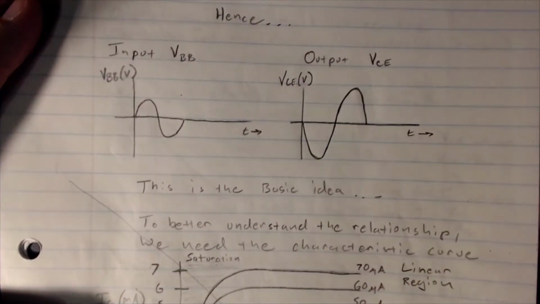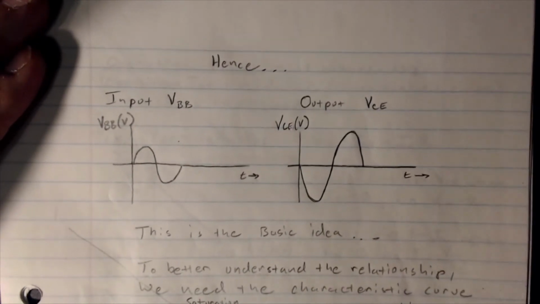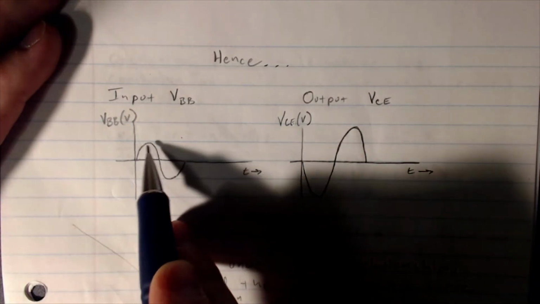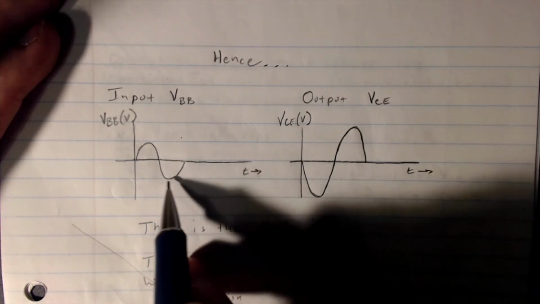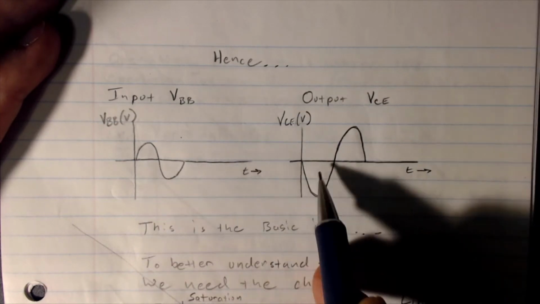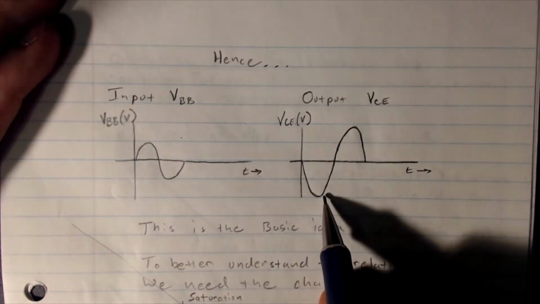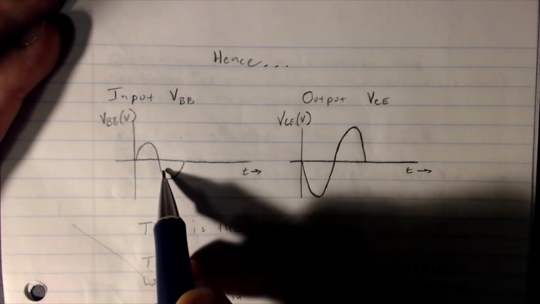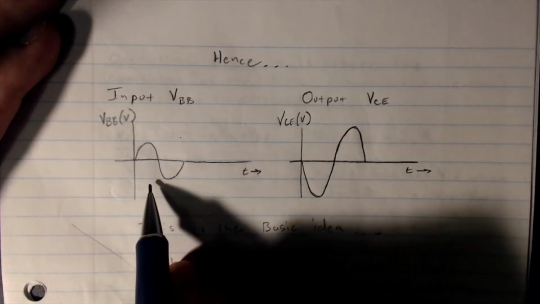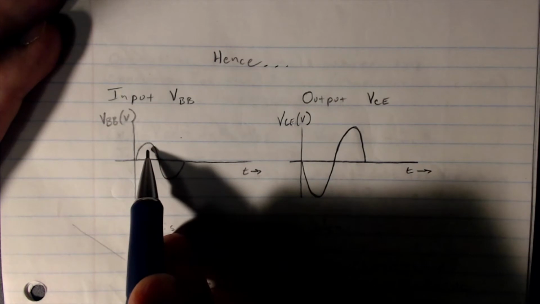So what that means for us is, if you think about VBB as a changing voltage applied to the input of a transistor circuit, as this goes up, VCE goes down. And as VBB goes down, VCE goes up. So we're actually getting inverted here, right? When this is high, this is low.